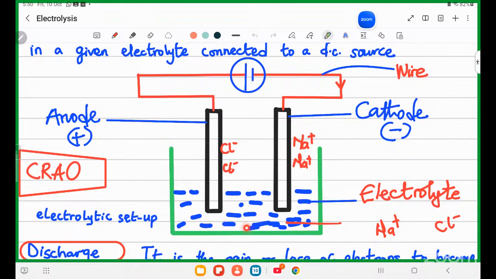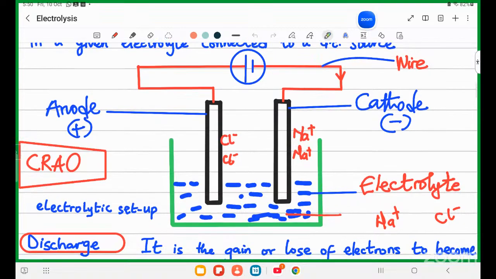So we have the electrolyte in here, and you have the two electrodes. We have wire. Ions flow in the electrolyte, to the anode and the cathode, while electrons flow in the wire. So in electrolysis, the carriers of electricity are ions and electrons.